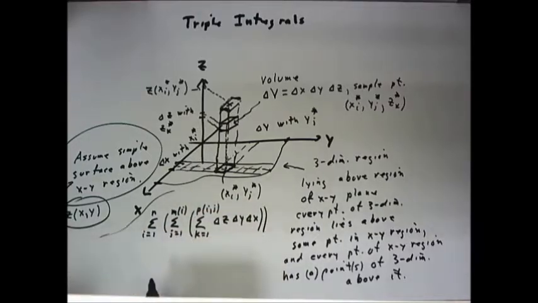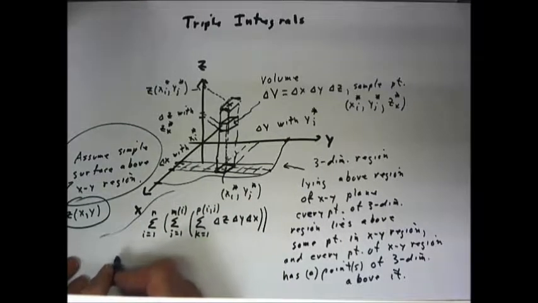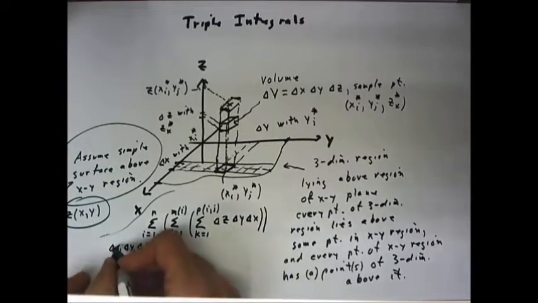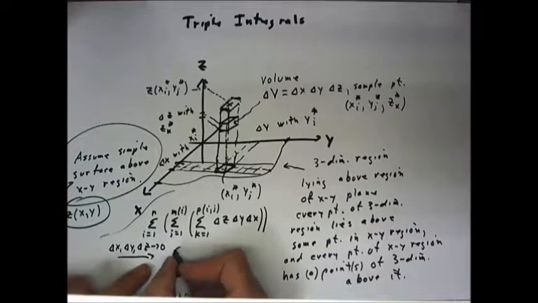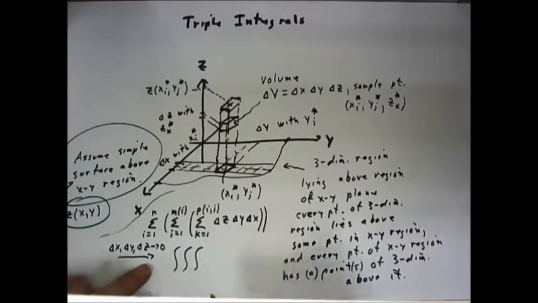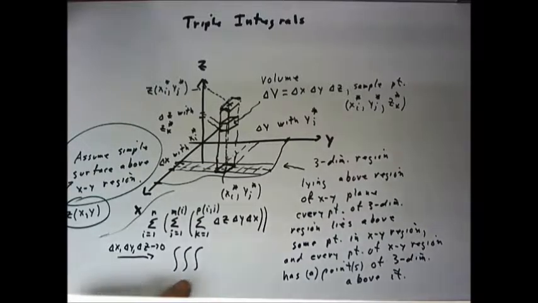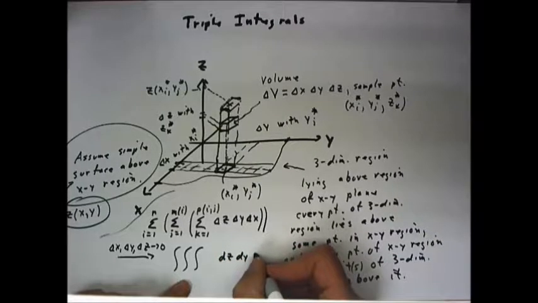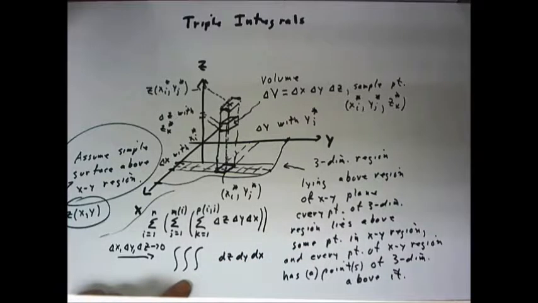And we let delta x, delta y, and delta z go to 0. This then approaches a triple integral with respect to z, with respect to y, with respect to x.